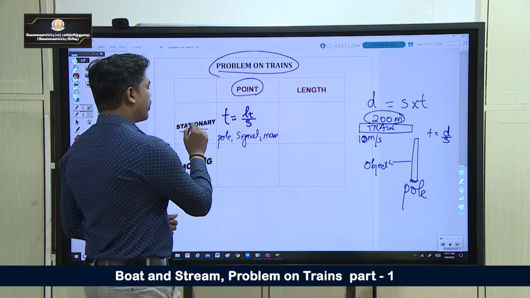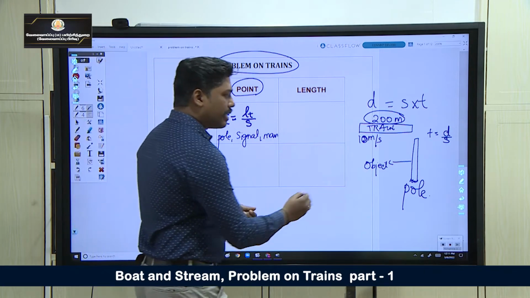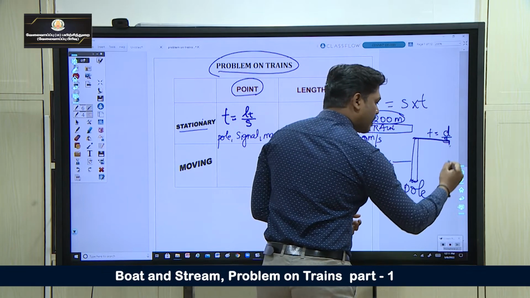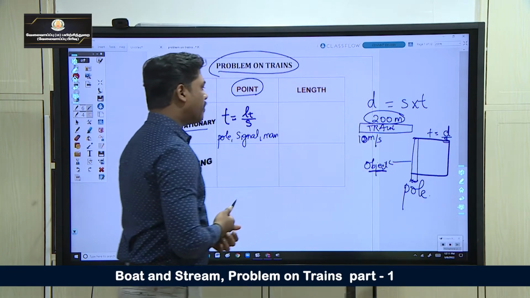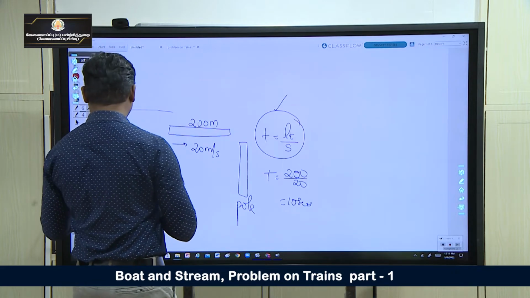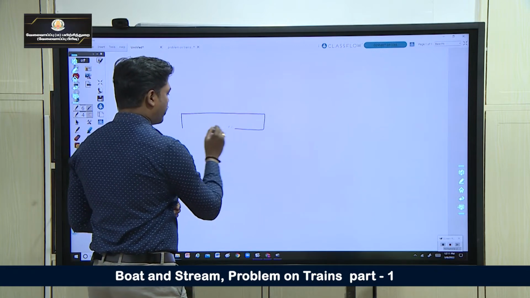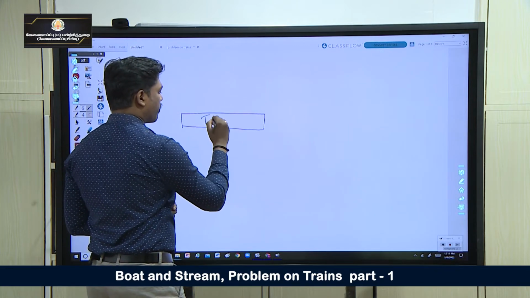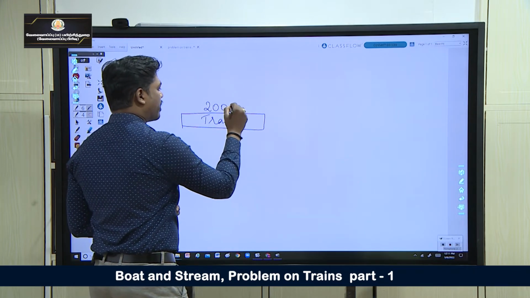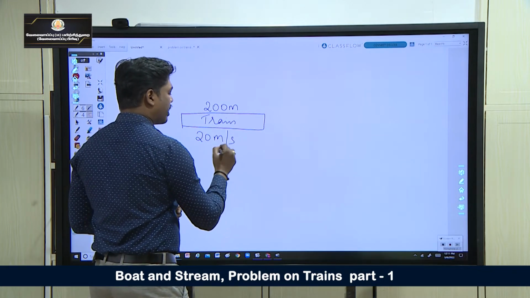Next, coming on to the next one here, stationary length. Now this object is a fixed one, but it has some length here. What example can I say? Look here, I am having a train. This train is moving. The train is of length 200 meter, moving at a speed of 20 meter per second.